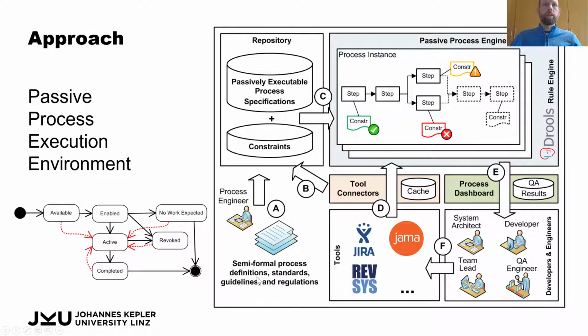To this end, we take the same informal process definition already typically available within companies and produce something that can be automatically executed and that is mapped to tool connectors. Then, through a dashboard, stakeholders such as quality assurance engineers, the developers themselves, and team leads are able to inspect whether any violations have occurred.